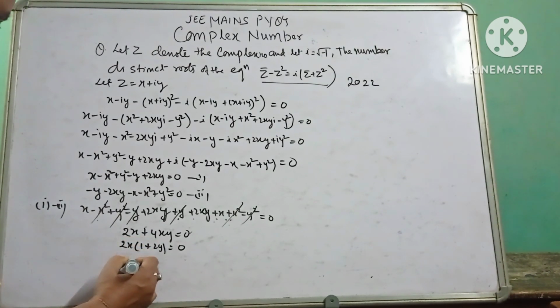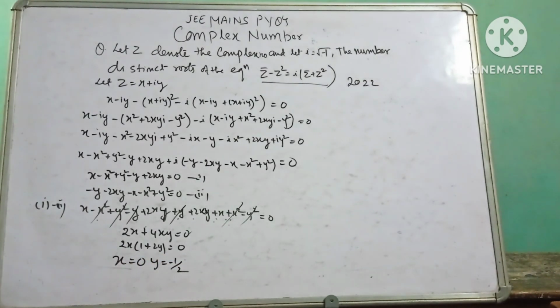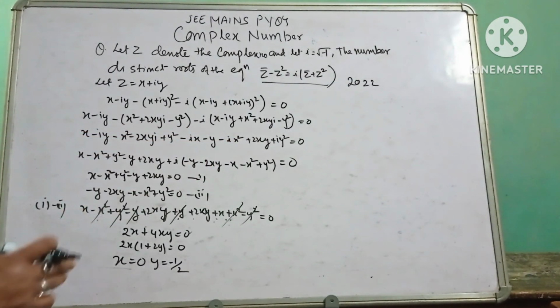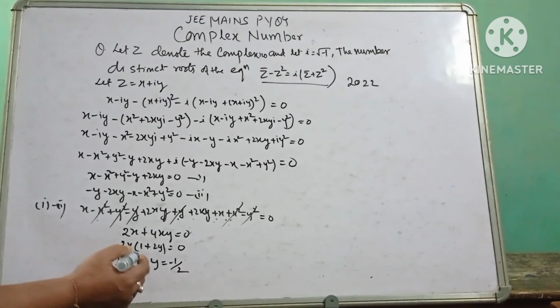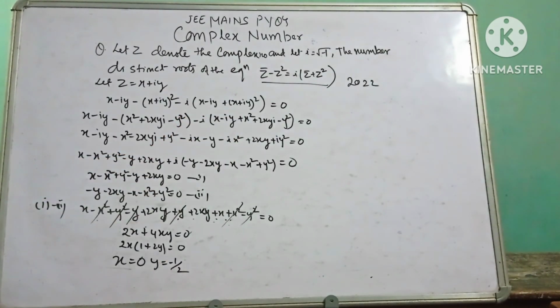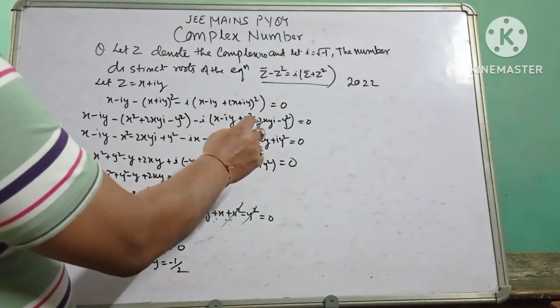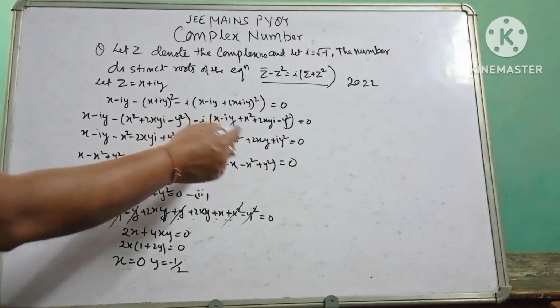So x is equal to 0 and y is equal to minus 1 by 2. So there was a slight mistake here because I am getting directly x is equal to 0. So this is not possible. This was the mistake because iota minus into plus minus and iota square, that is minus 1, so it will be plus.